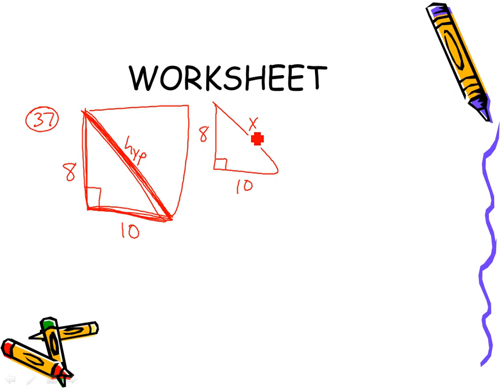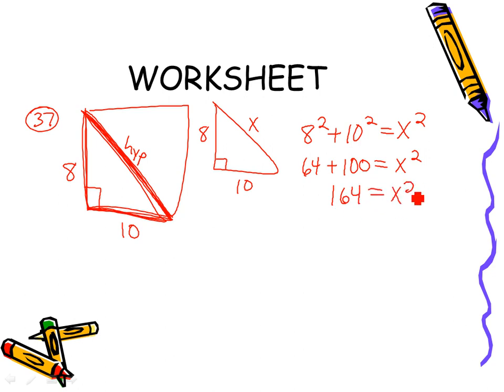Looking for x. We're going to have 8 squared plus 10 squared equals x squared. 8 squared is 64. 10 squared is 100. That equals x squared. Got 164 equals x squared.